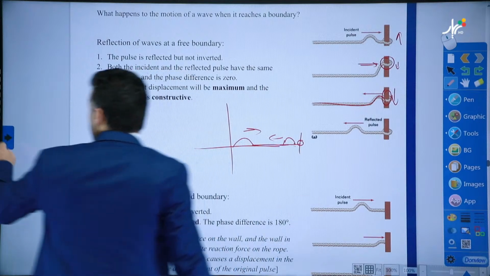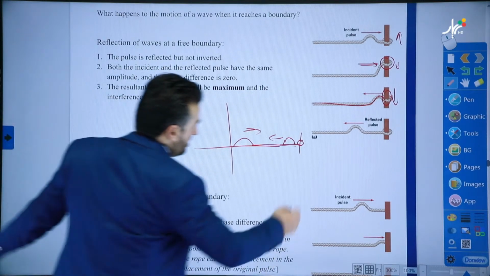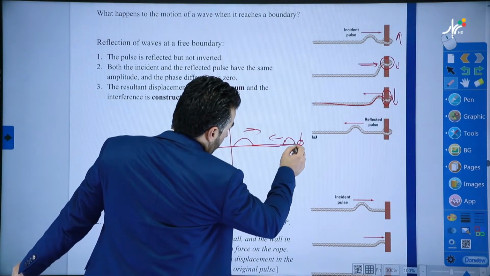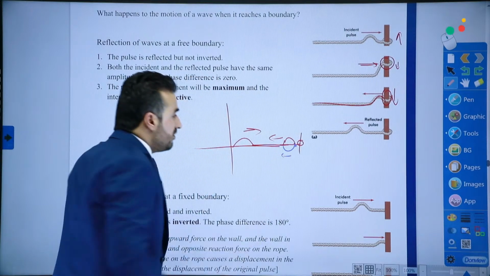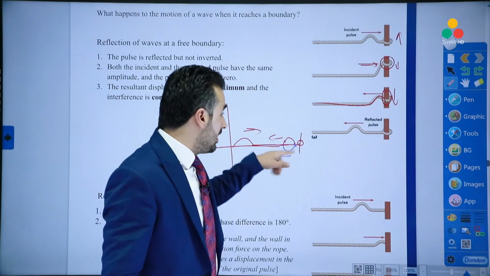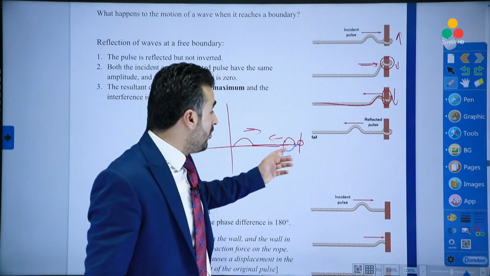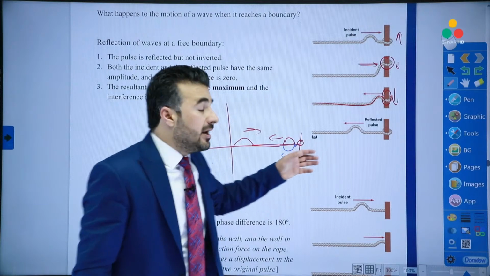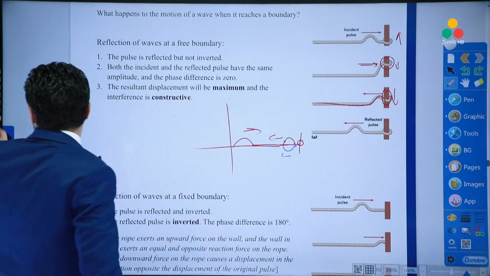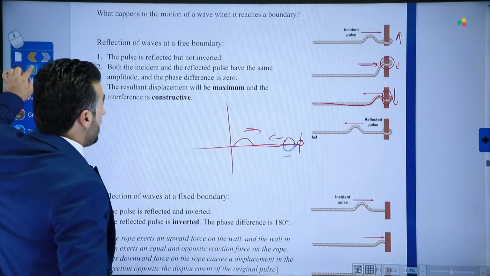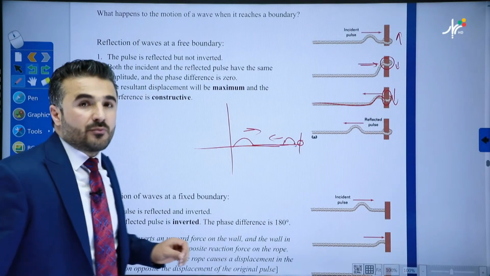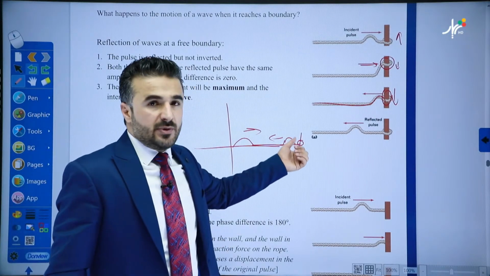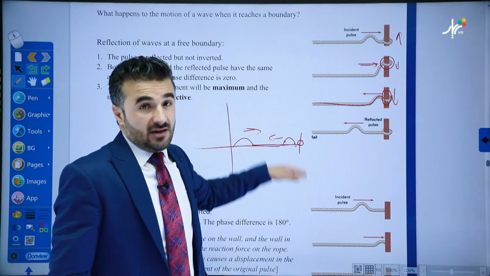Of course you would see a wave that is below this. If this wave was going to move below the equilibrium, we would have called that one inverted. But in this case, it is not inverted, so we have a wave that is just reflected, remember, okay? So you can see the displacement or the amplitude is still above the equilibrium position.